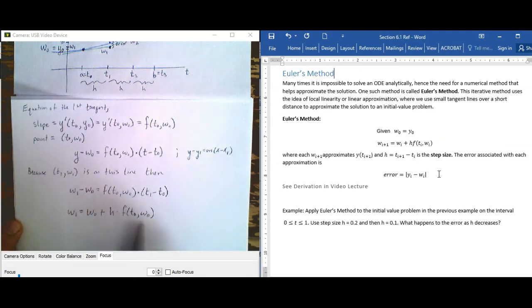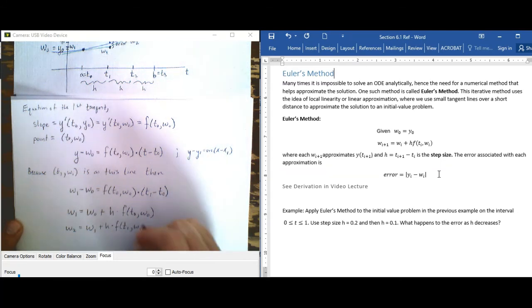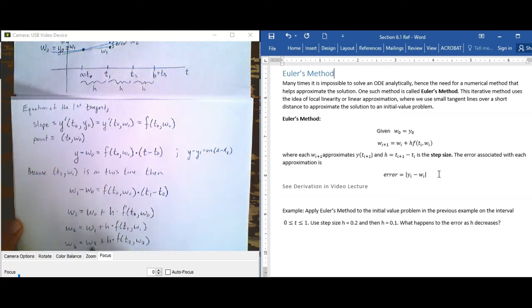We can do the same analysis now that W1 is known. We can produce the tangent line there, and we would find that W2 would equal W1 plus H times F of T1, W1. And W3 would be W2 plus H times F of T2, W2. Now that W2 would be known, and T2, of course, is already known.